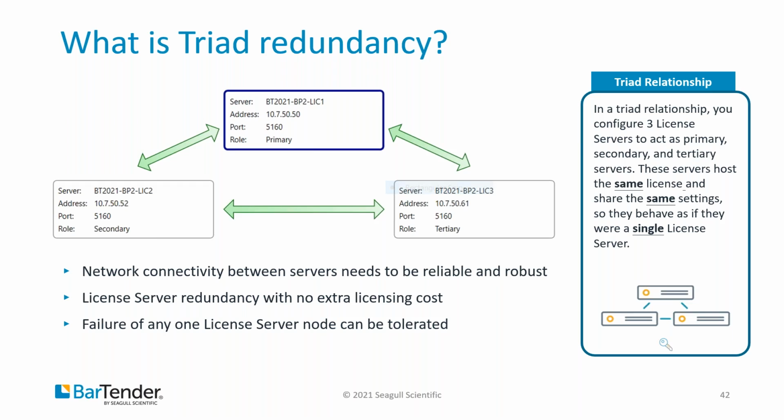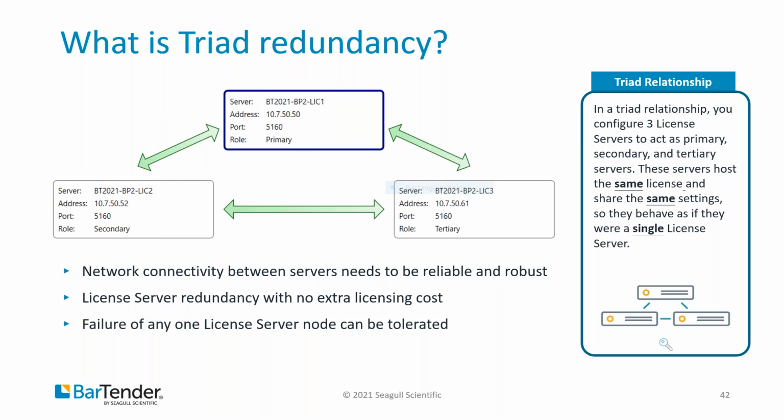The concept here is that you'd have automatic redundancy and failover so that if any one of these nodes goes down, you still have trusted licensing, therefore an active license server still running through the 2 remaining license server nodes of the triad.